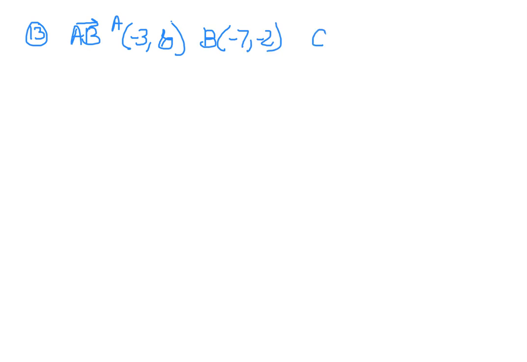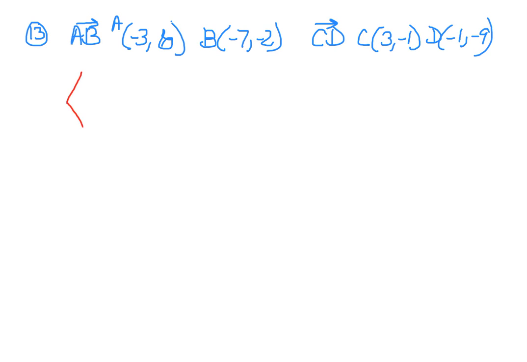Let's look at number 13. We've got AB, where A is (-3, 6) and B is (-7, -2). And we have CD, where C is (3, -1) and D is (-1, -9). We're going to put them in component form.